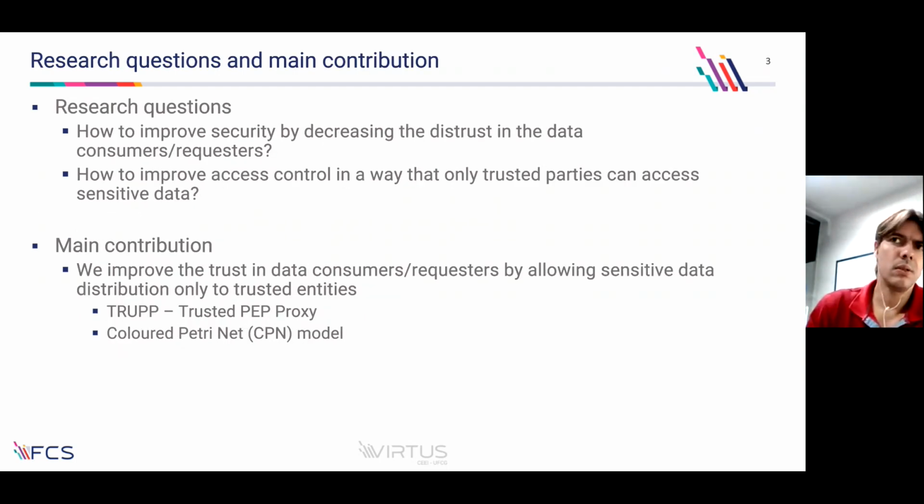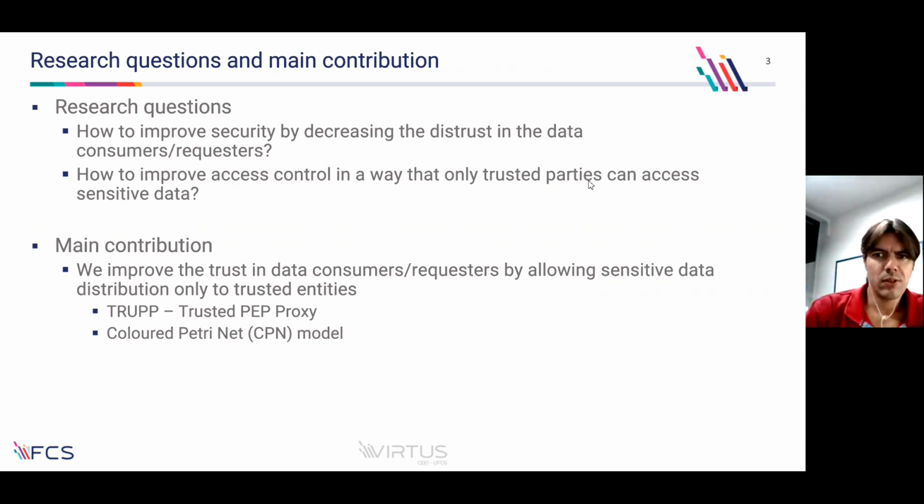Given these security concerns and mechanisms, we defined some research questions for this work. We have two research questions, which are: how to improve security by decreasing the distrust in the data consumers, the requesters; how to improve the trust in consumers that will process our sensitive data; and how to improve access control in a way that only trusted parties can access sensitive data.